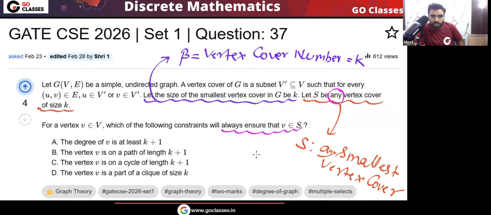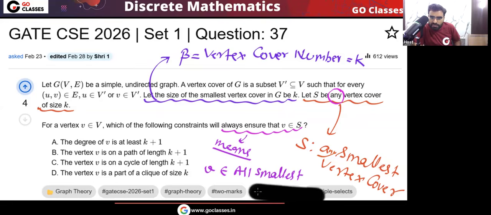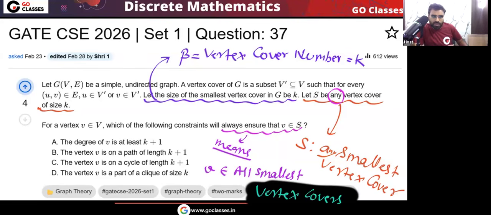Because S can be any smallest vertex cover, and we need to guarantee that V belongs to S. So we need to guarantee that V belongs to all the smallest vertex covers. Whatever smallest vertex cover you create, all smallest vertex covers. I hope you understood.